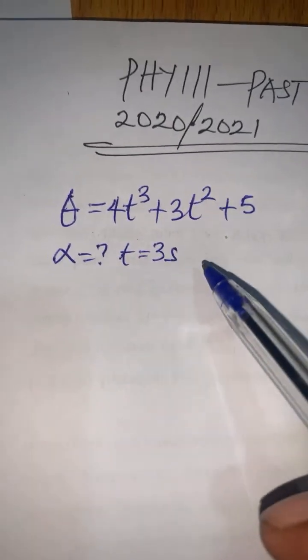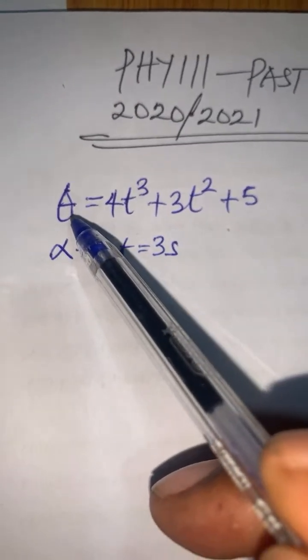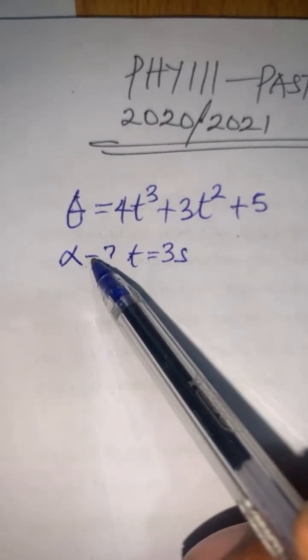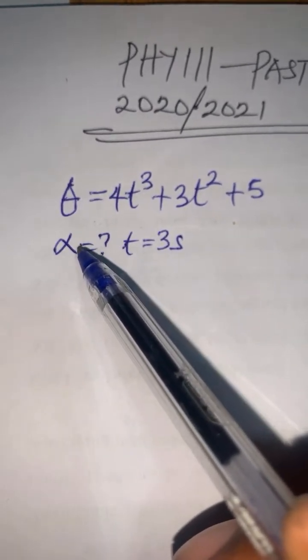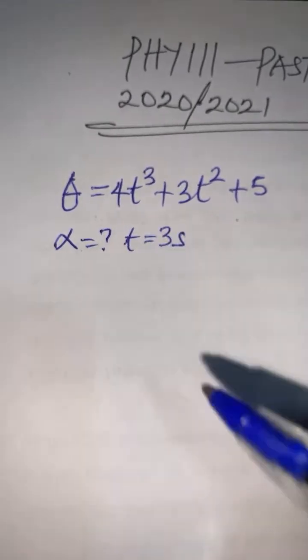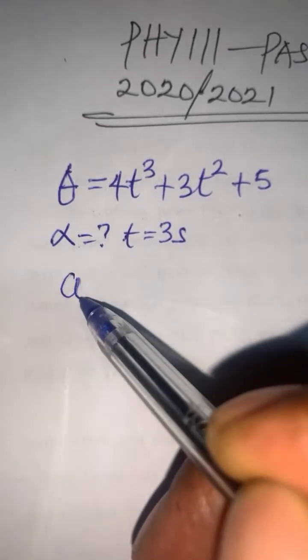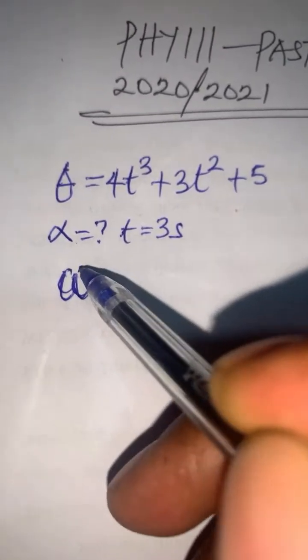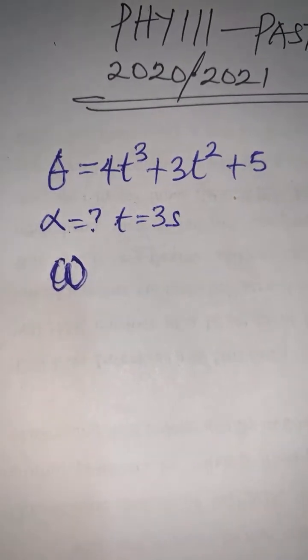All right, so let's proceed. So we have that this angular displacement is this. You're asked to find the angular acceleration. But before you get angular acceleration, you must have your angular velocity. Have you heard about omega? This omega, like this, is angular velocity, omega.